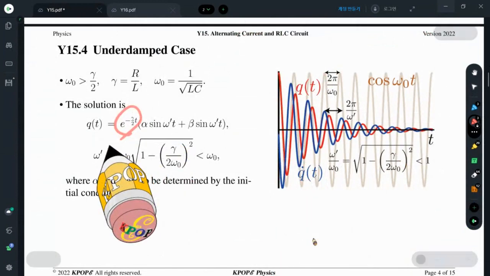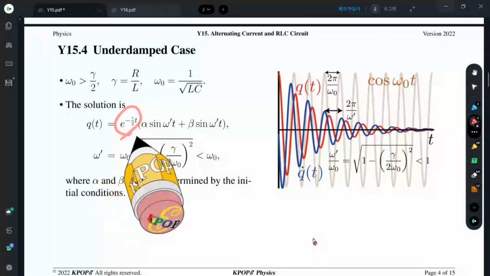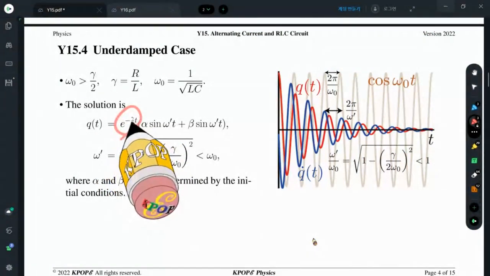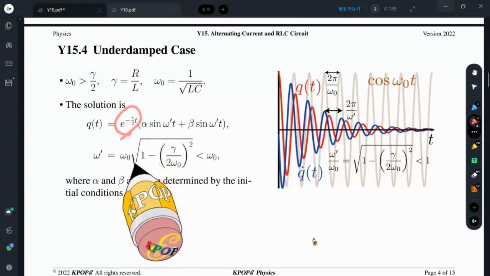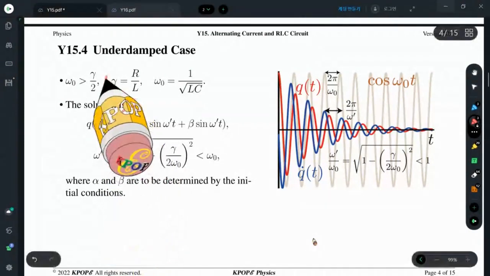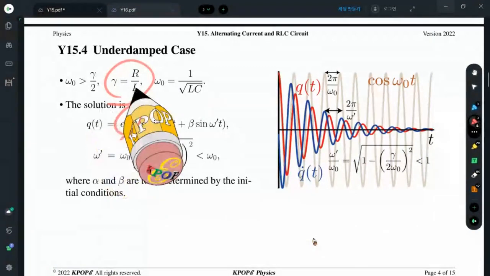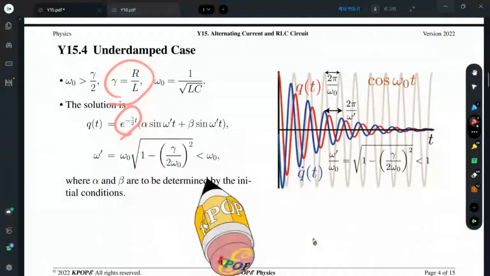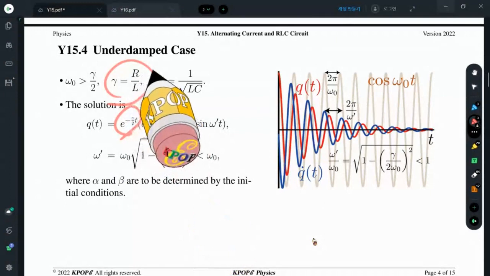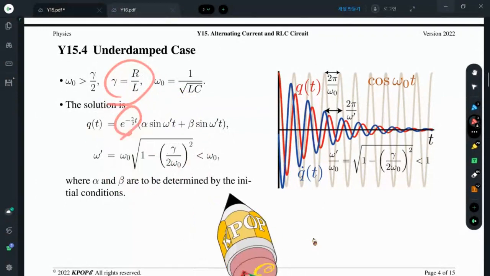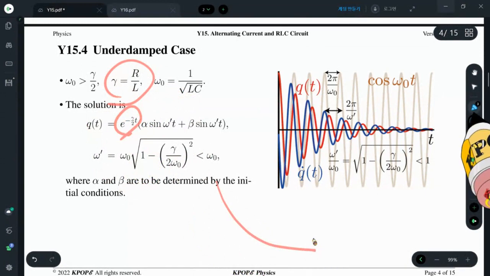This attenuation factor is exponential minus 1/2 gamma t, where gamma is determined by the resistance over the inductance. If the resistance is very large, then gamma increases.